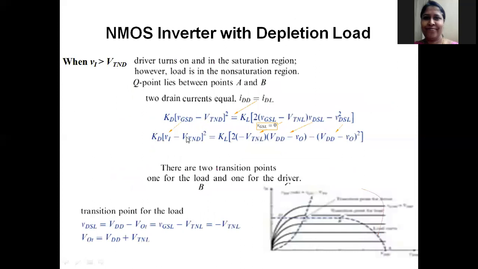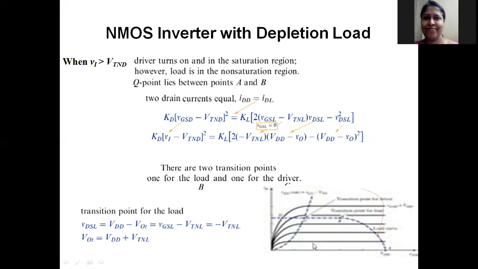Next, assume the input is greater than the threshold voltage. So what will happen? There are curves here. These curves represent the enhancement device IDS values. If you have some value of current for the enhancement device, you can see the VGS value.